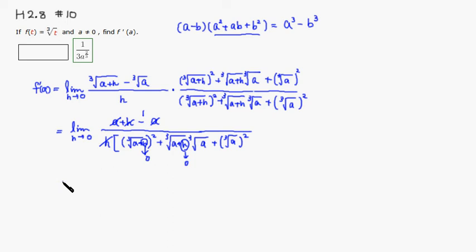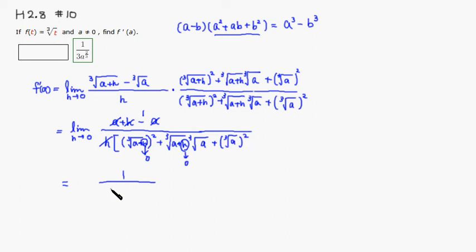Alright, so what you get is you have 1 on top over, and you see that you have cube root of a squared plus cube root of a squared plus cube root of a squared.